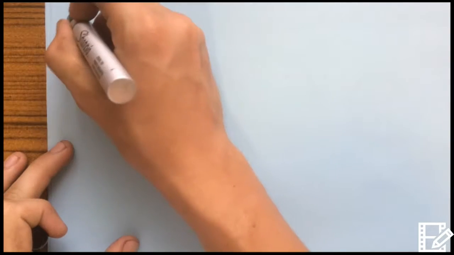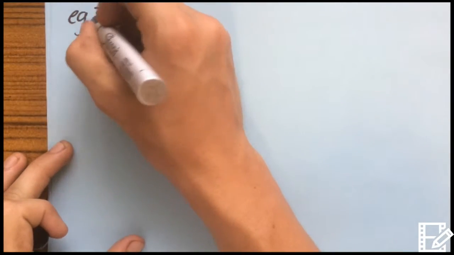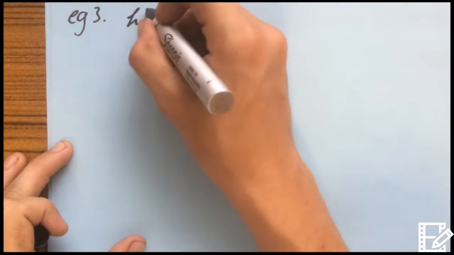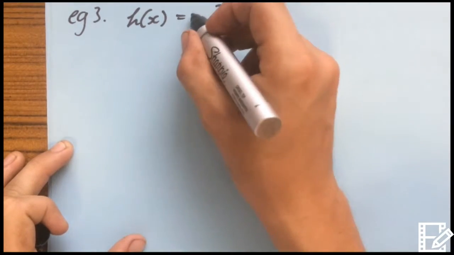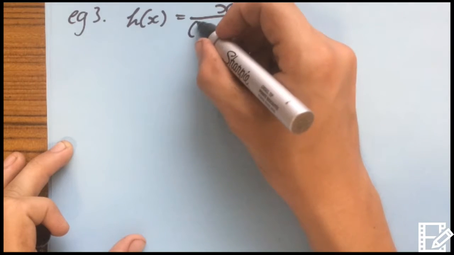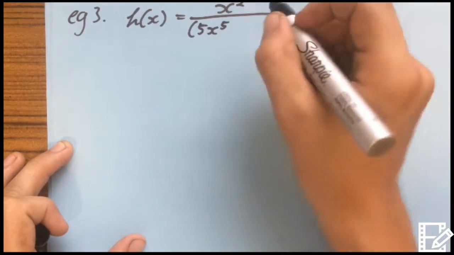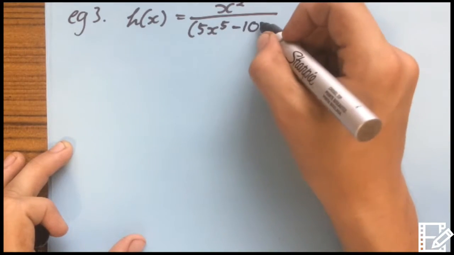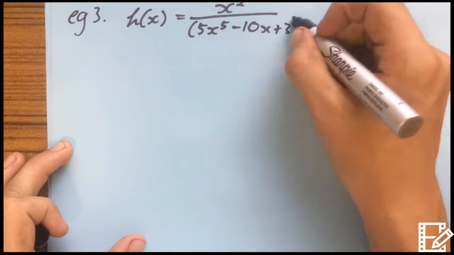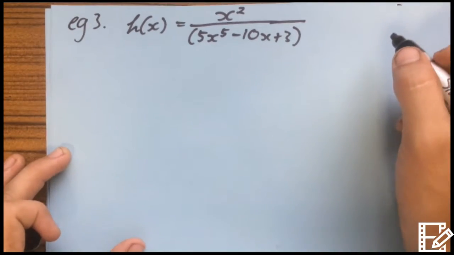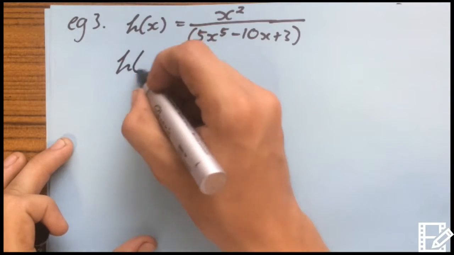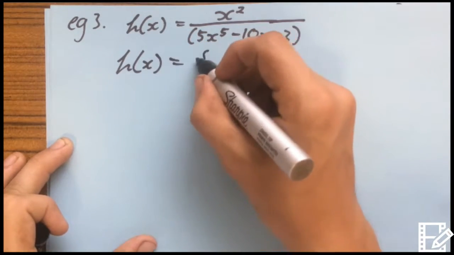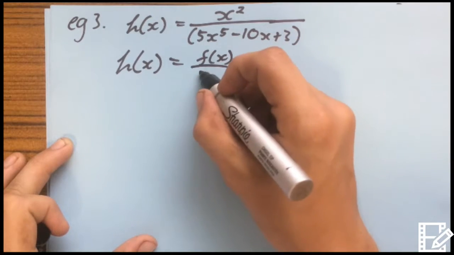So for our last example, h(x) equals x squared over 5x to the power of 5, take 10x plus 3. So, again, label the top and bottom accordingly.